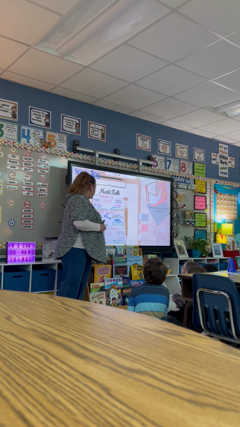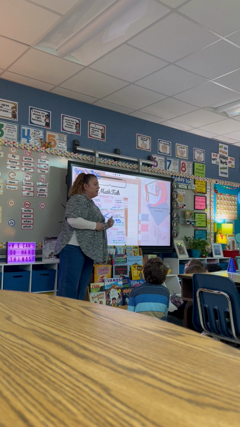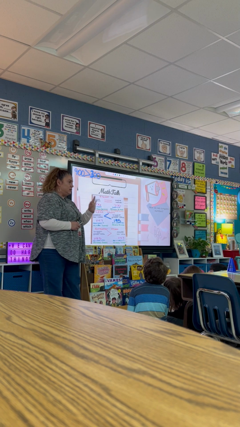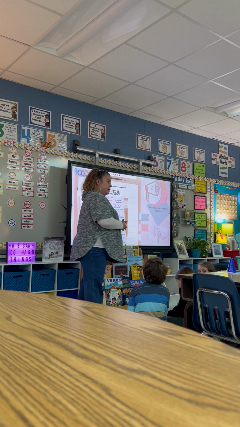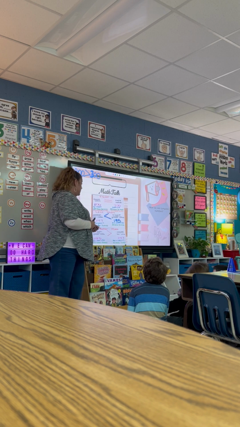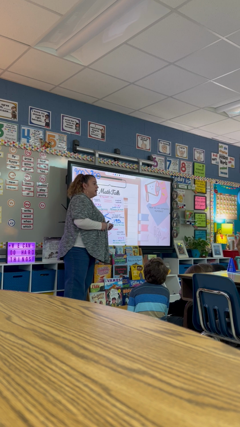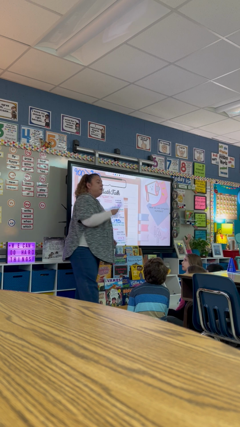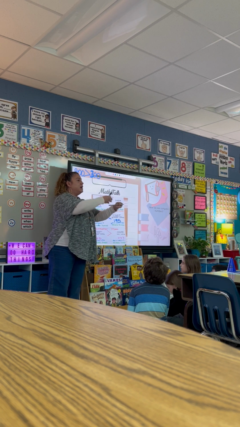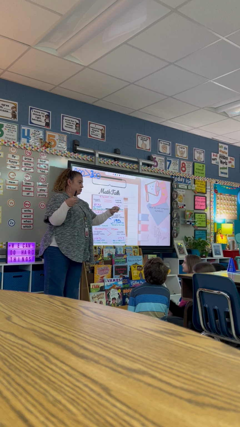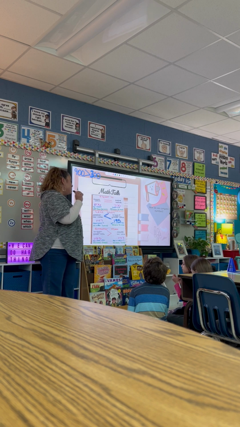If we had a number that's not in standard form, what can we do to make it a little easier on ourselves visually? Scarlett. Expanded form? Well, expanded form would be one way that we could look at it, but what could I do in order to make it easier for us to compare those two numbers? Put it in standard form. So we can take expanded form and make it into standard form. Okay, just to make it a little bit easier.